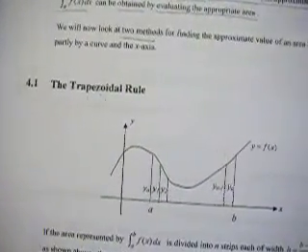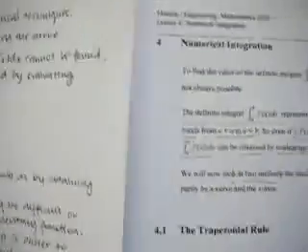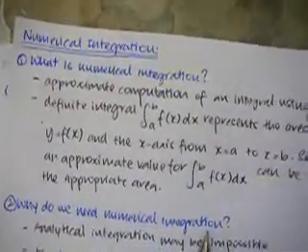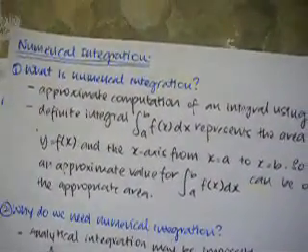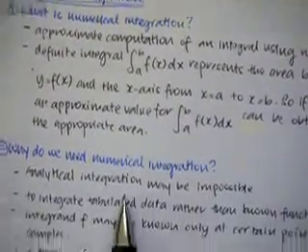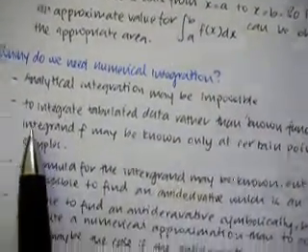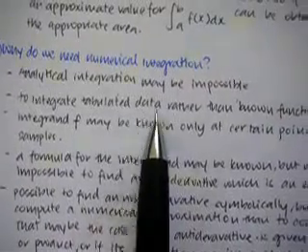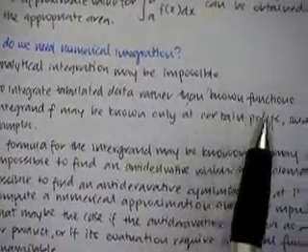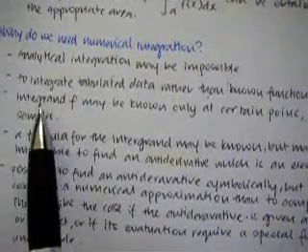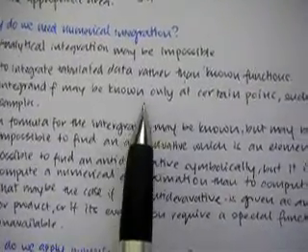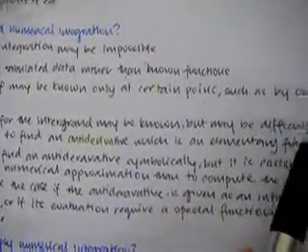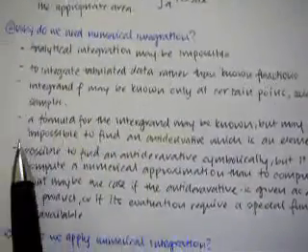But first, let us look into why we need numerical integration. For the need of numerical integration, it may be impossible to integrate tabulated data rather than known functions, and the integrand f may be known only at certain points, such as by obtaining samples.